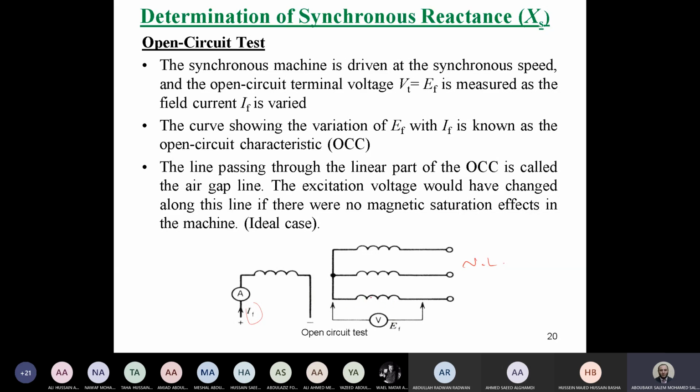So this is called the open circuit test. From this test, we expect to have the characteristic called the magnetization curve, the relation between IF and EF. This is the open circuit characteristic.